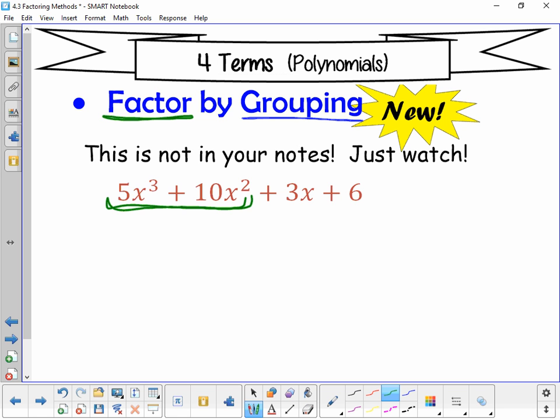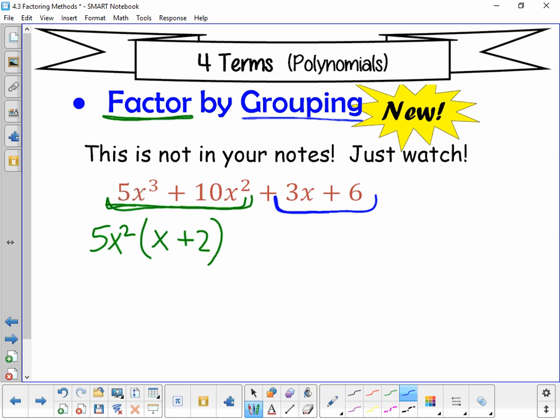Group number 1, group number 2. And for each group, you think about what its common factor is. Well, 5x to the third and 10x squared have 5x squared in common. And if I factor that out of just these first 2 terms, it leaves me with 10x plus 2.